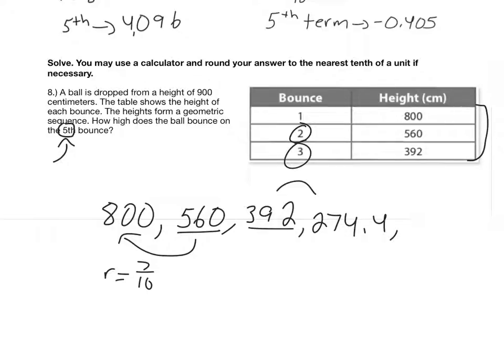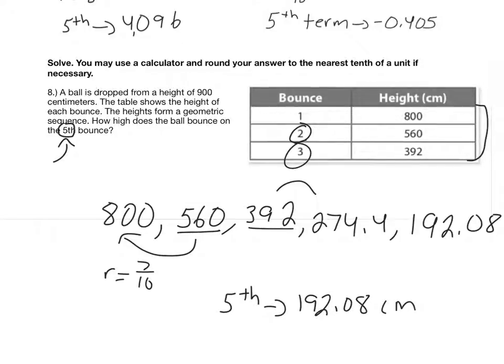And if we multiply that by 7/10, we'd get our fifth term, which is 192.08. So how high does the ball bounce on the fifth bounce? It bounces approximately 192.08 centimeters. And that's how high it would bounce after the fifth bounce.